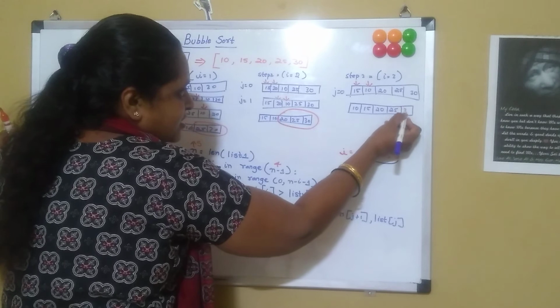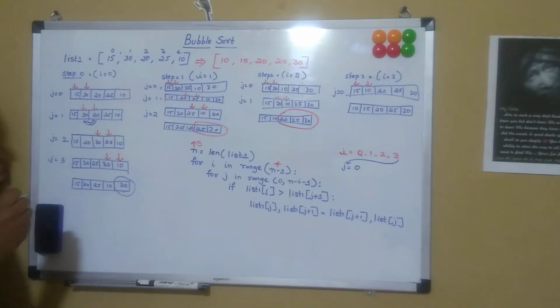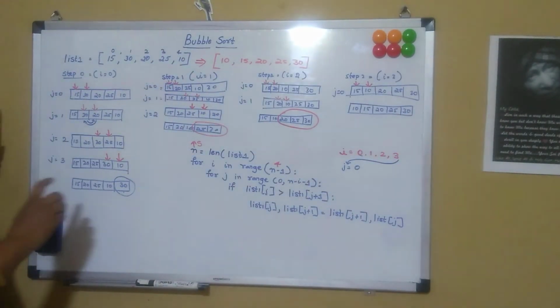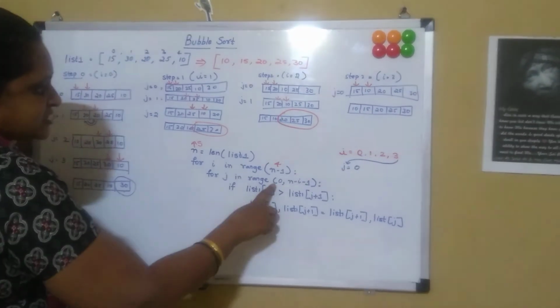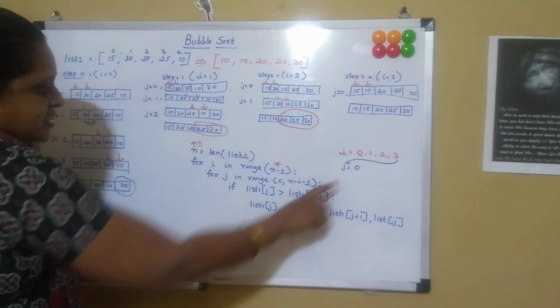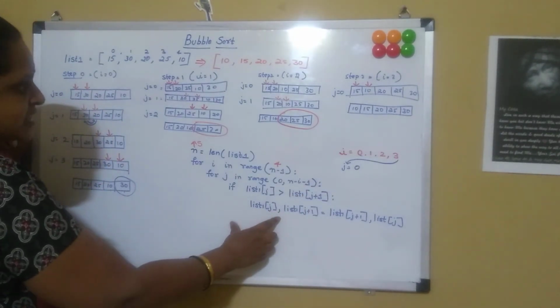So as we have seen, in the final round, that is when i equal to 3 and j spanning only till 0, we have seen this particular output, the final output.